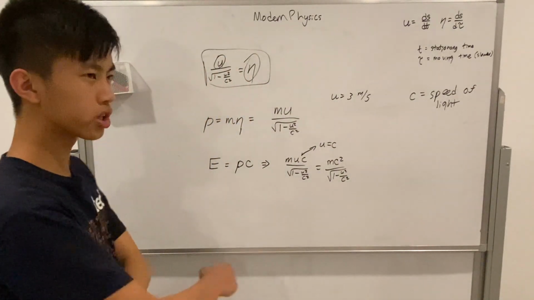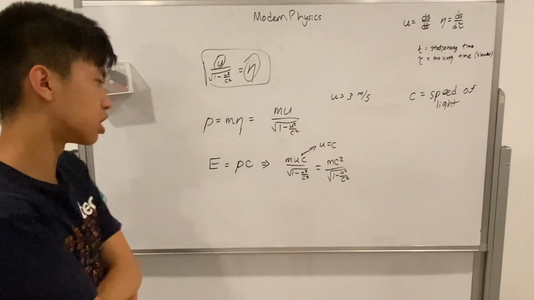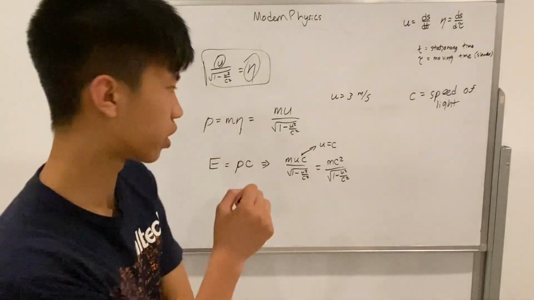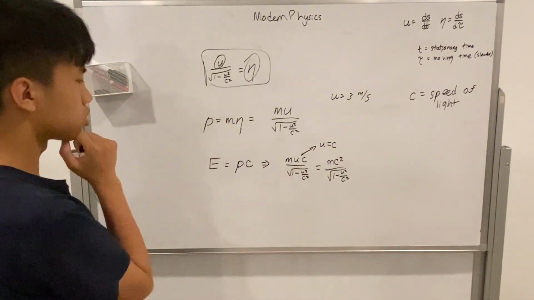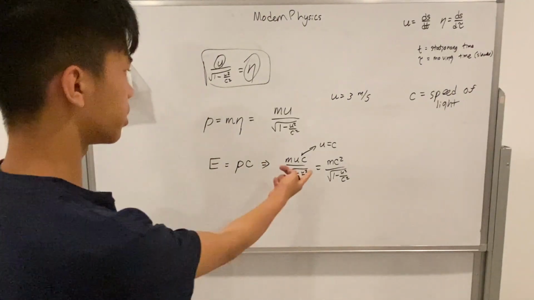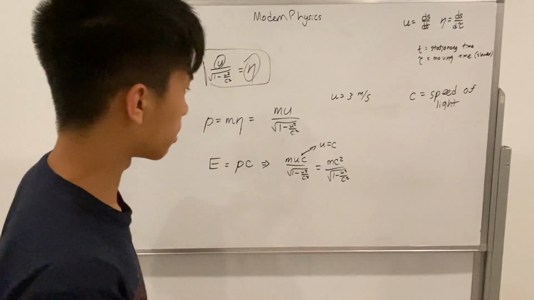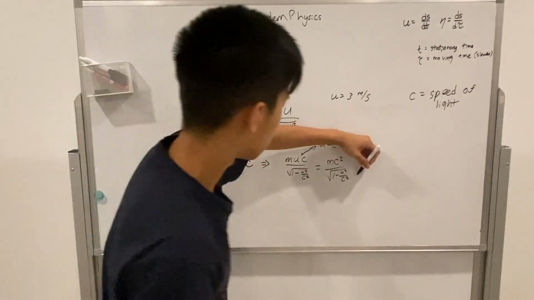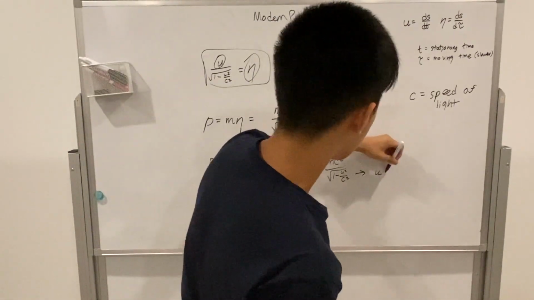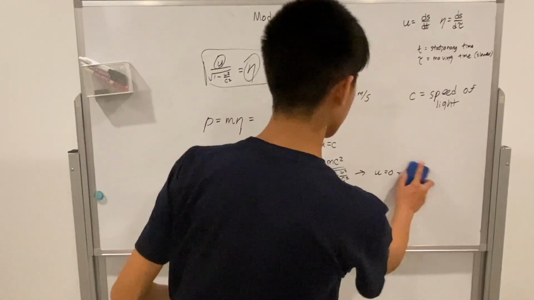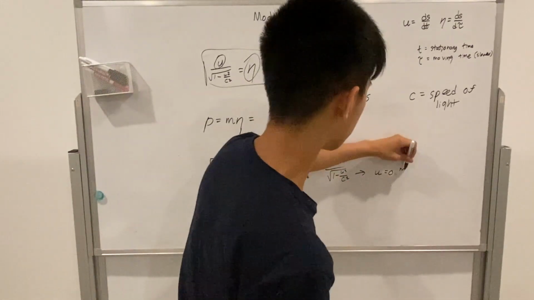So this is kind of looking eerily similar to the E equals mc squared that we see everywhere. It's its most famous equation. So how do we get from here to E equals mc squared? Well, you have to remember that when an object is at rest, u equals 0, or v equals 0, but we'll call it u equals 0.